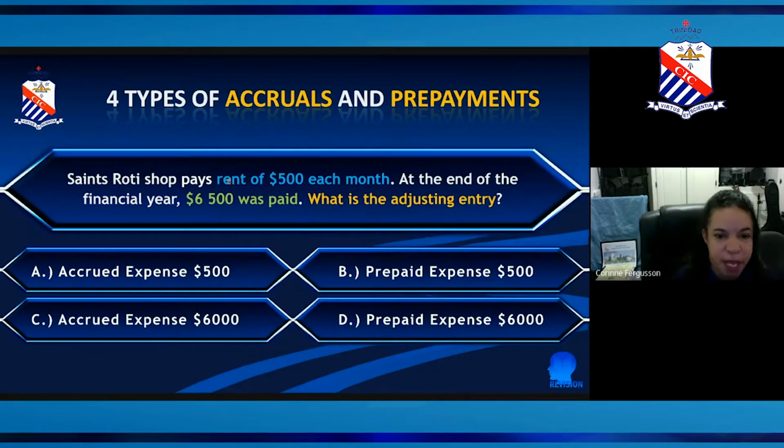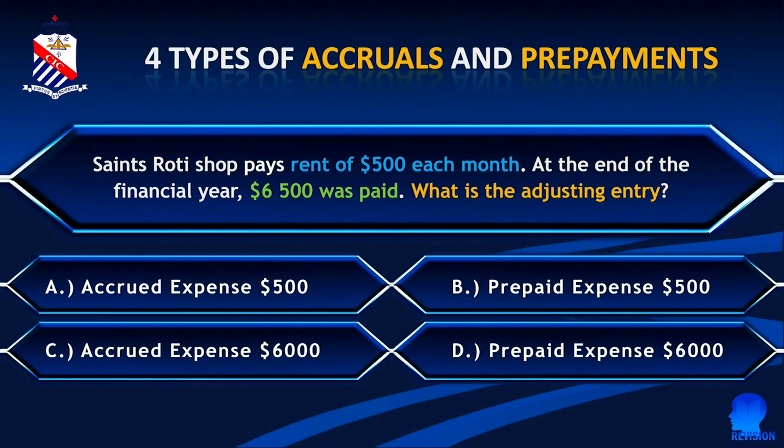So you have expense, 500 each month. This would be the amount incurred, but they gave it to you in terms of months, and this is based on year. So that means you have to change this information from the 500 each month, because the information must be based on the same period.